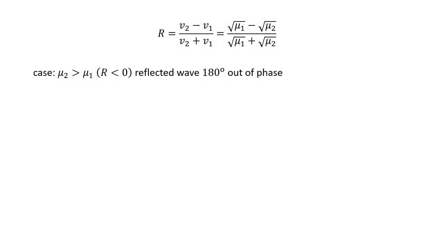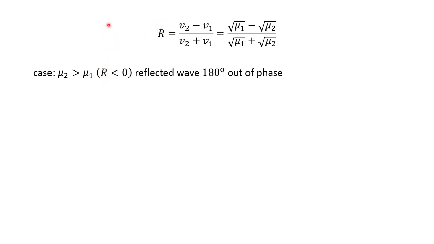Right, now that we've got an expression for R, let's see if we can come to certain conclusions. Let's suppose that the incident wave is meeting a thicker rope, or just one that has greater linear density. So mu2 is greater than mu1. Then this top term is negative and R is therefore negative. And remember what R is.